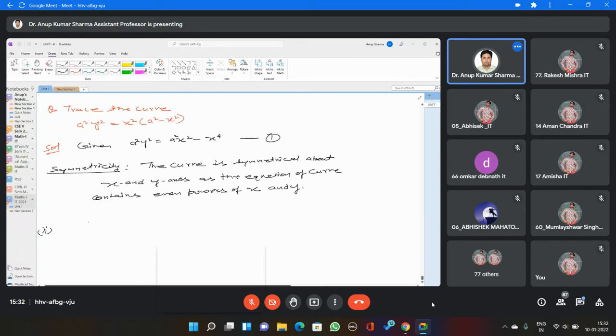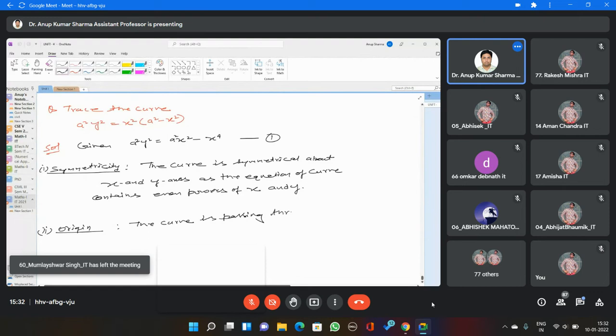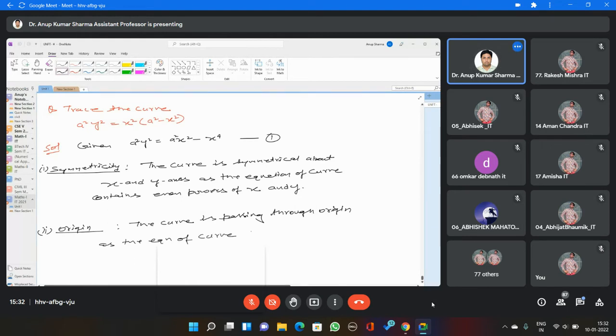So we can write, origin: the curve is passing through origin as the equation of curve does not contain constant term.